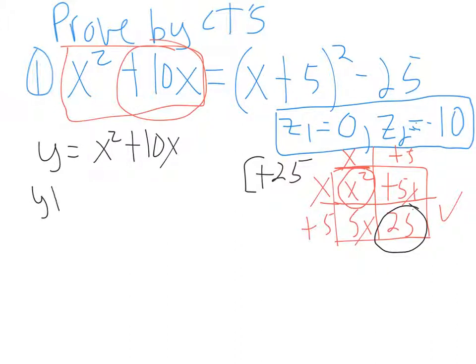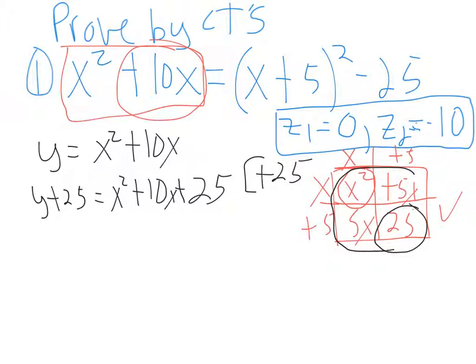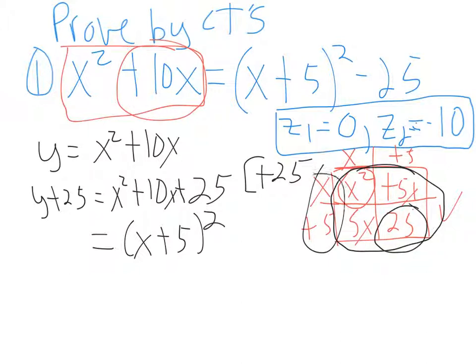So I've got y plus 25 equals x squared plus 10x plus 25. So now I've got a complete square, right? Take a look, x squared plus 10x plus 25. So the right side is a complete square. Well, how do I represent that? I represent the right side as x plus 5 quantity squared, right? x plus 5 by x plus 5, length by width.